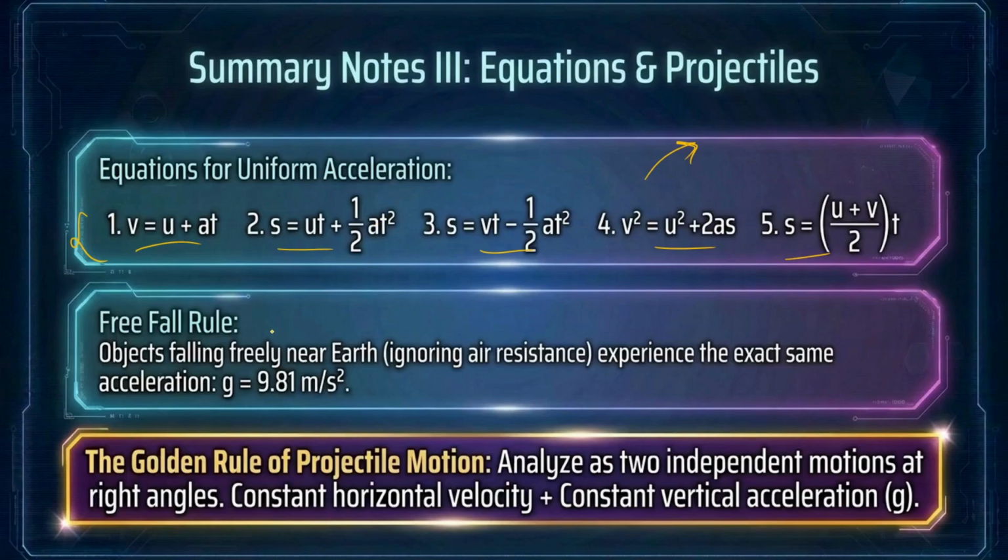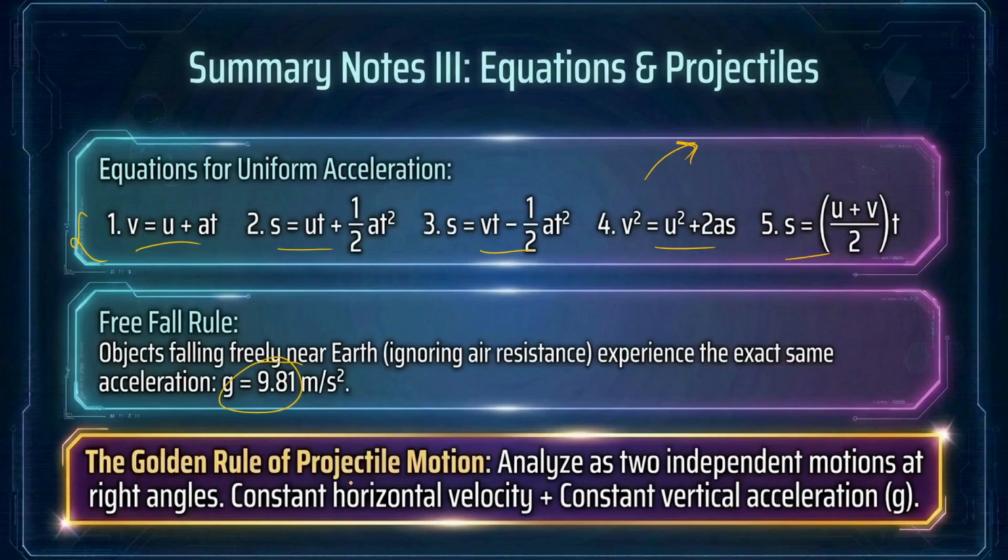Now the free fall rule: for an object falling freely near the earth, if you ignore air resistance, the acceleration is about 9.81 meters per second squared.